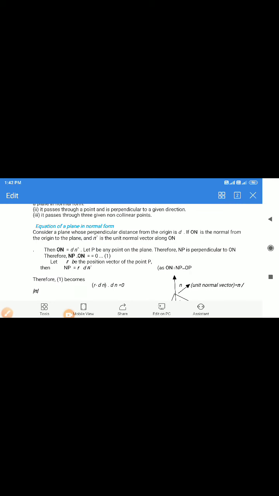Thus we get this equation, 0 divided by d is equal to 0.